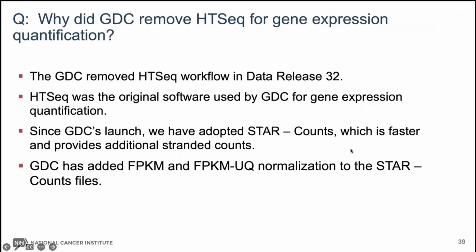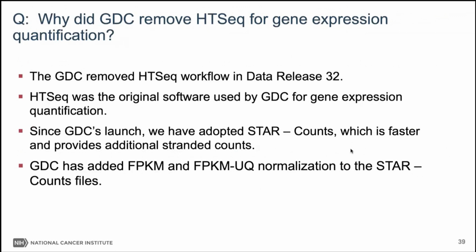So why did GDC remove HTSeq for gene expression quantification? As of data release 32, the HTSeq workflow was removed from GDC. HTSeq was the original software used by GDC for gene expression quantification back in 2016.